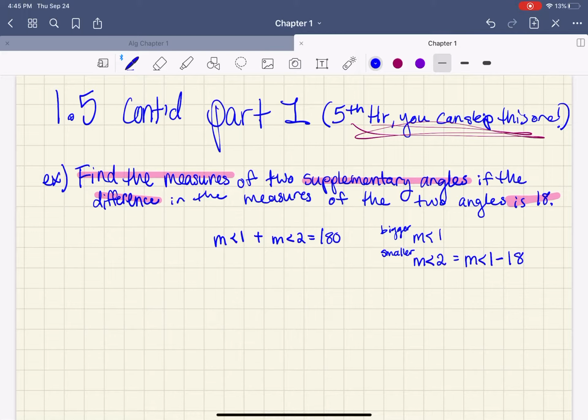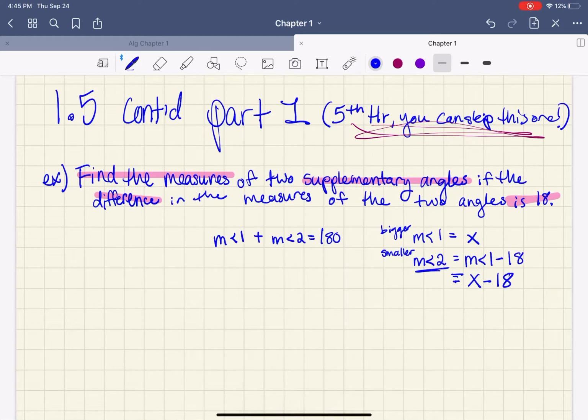So what I've done is I've written the measure of angle 2 in terms of angle 1. So let's say that angle 1 is some number. We're trying to figure out what it is. We can even call it x. If we call the measure of angle 1 x, then I can say for the measure of angle 2 that it's x minus 18.